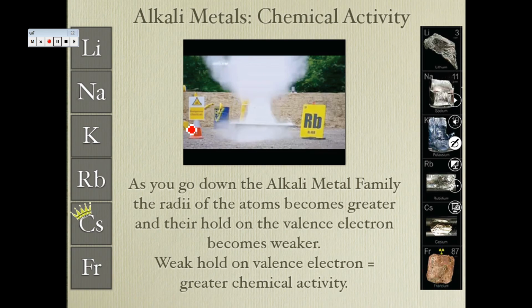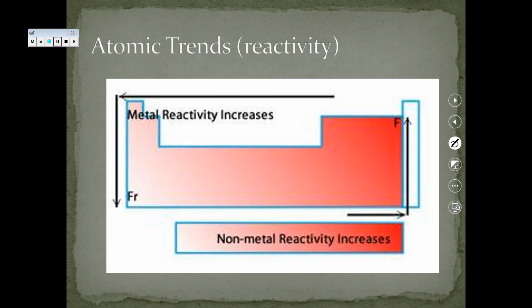As you go down the alkali metal family, the radii of the atoms becomes greater and their hold on the valence electrons becomes weaker. The weak hold on valence electrons means a greater chemical activity. Francium is the most reactive metal. So for reactivity, metal reactivity increases as you go to the left and as you go down.